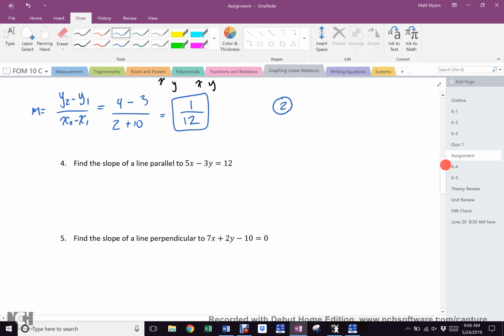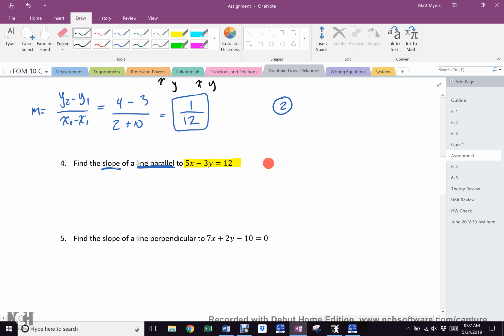But that's what happens. Find the slope of a parallel line. If 2 lines are parallel, what are their slopes? They're the same. So, if I know that slope, do I know the slope of every parallel line? Yes. How do I find that slope? Get y isolated, because once y is isolated, whatever is with x is automatically your slope.